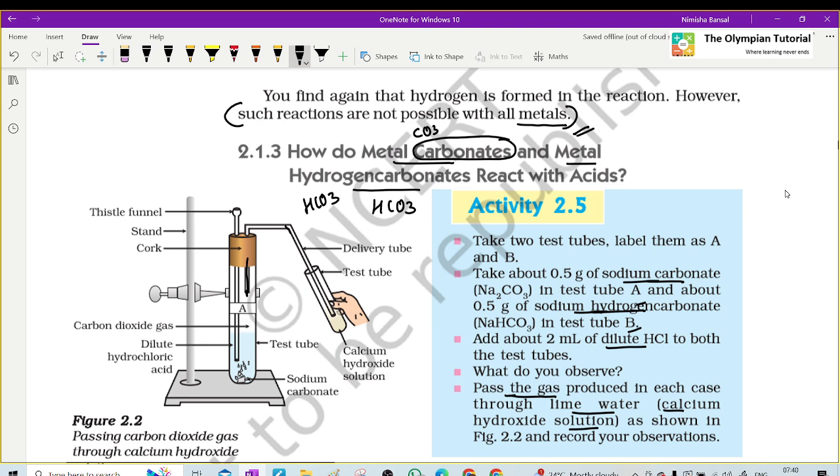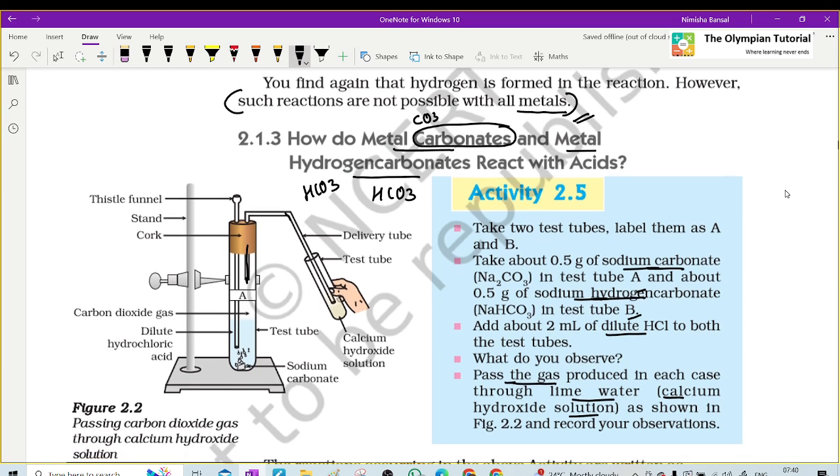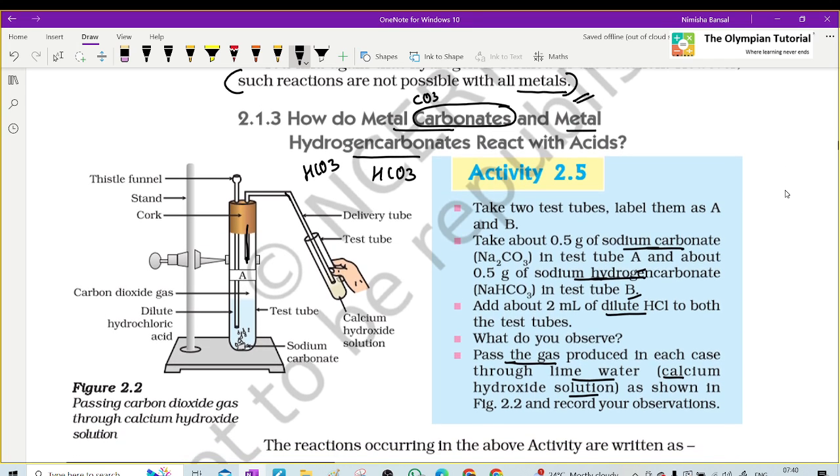Carbonic acid is H2CO3, and carbonic acid is a very weak acid. Thanya, in cold drinks, you observe that when we open it, gas comes out. So these are actually carbonic acid, carbon dioxide dissolved in water. Carbonic acid is formed, and when pressure is released, suddenly carbon dioxide comes out and gives bubbles.